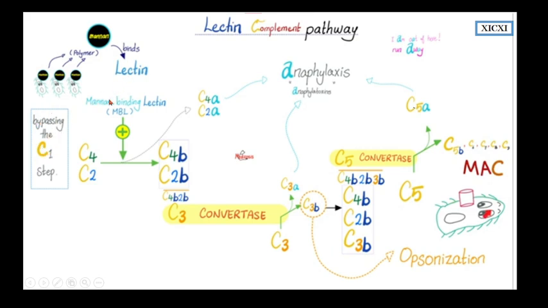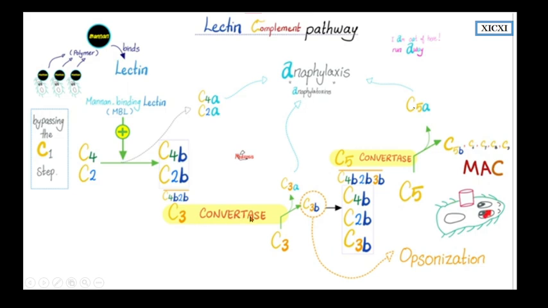Now this mannose binding lectin is able to automatically activate C4 and C2 to form C4b and C2b, where C4a and C2a are going to leave the cascade. We are going to remain with C4b and C2b. Those two proteins together will form what you call C3 convertase.